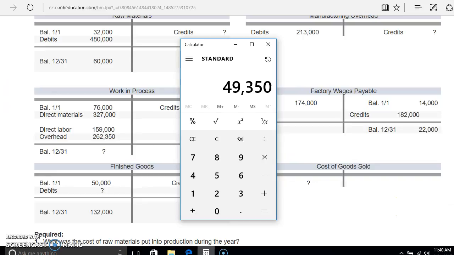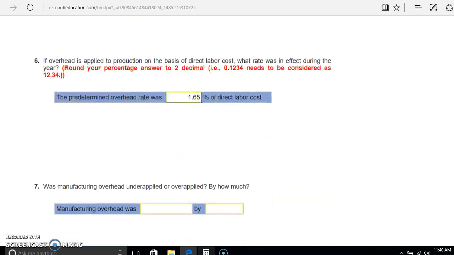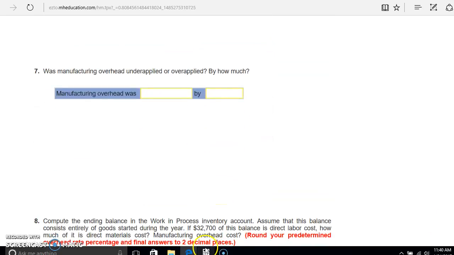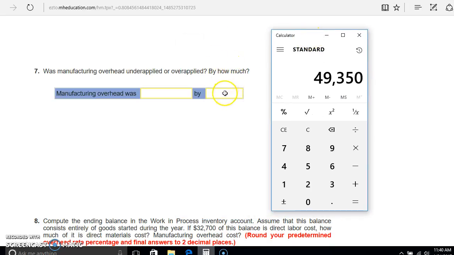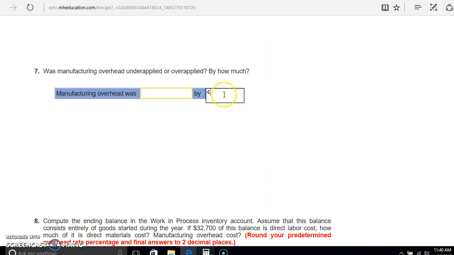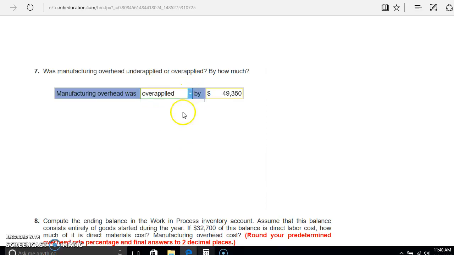So we have essentially over-applied our overhead by that amount. Let me go back down here. Get my calculator. Okay. So we over-applied by 49,350. So maybe a 1.65 overhead amount is a little bit high, and that was over-applied. We might want to revisit that one.